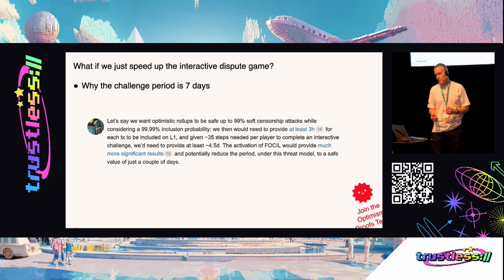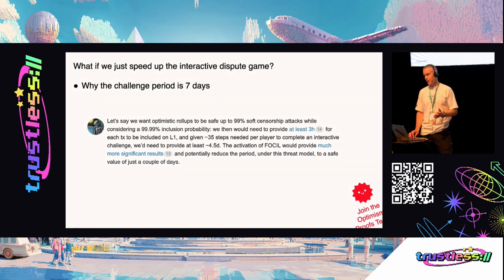So if you have enough money at stake on the L2 and you have enough capital to do a 51% attack on Ethereum, you could prevent the L2, in theory, from posting, you could prevent anybody from playing the dispute game. So they thought, okay, well, what would be the solution to that? It would be a hard fork, and that could take a week.